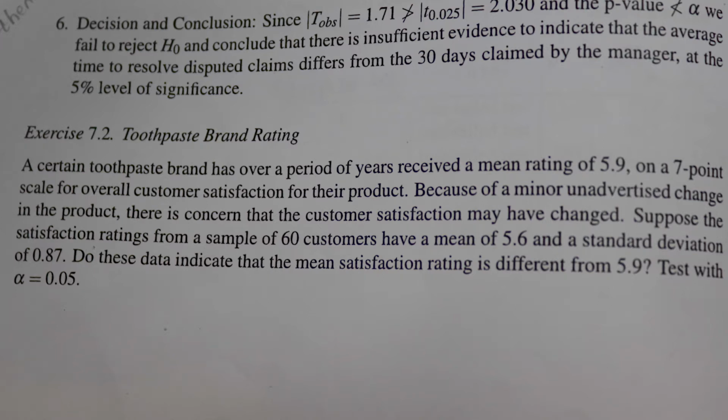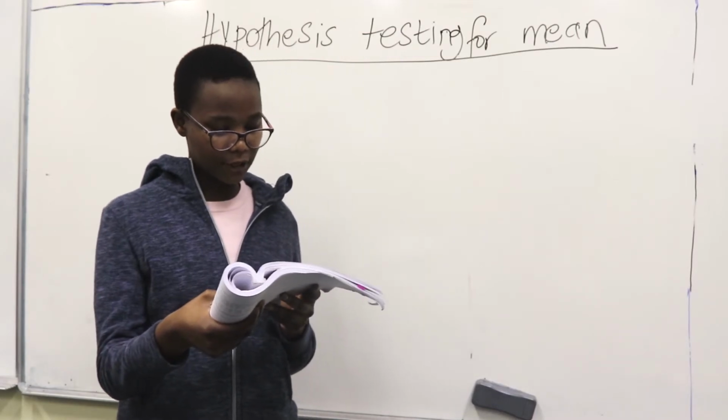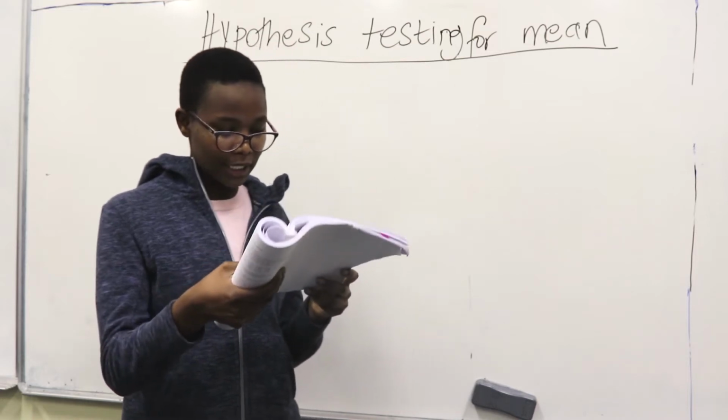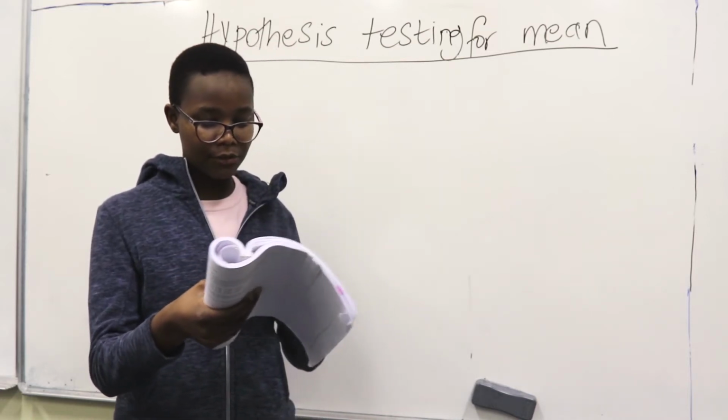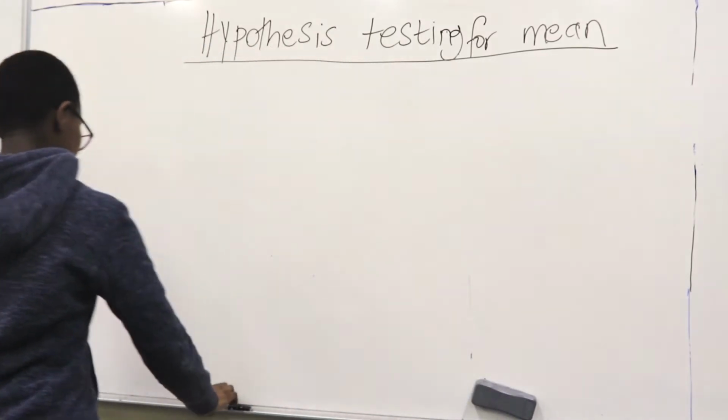0.87. So what we must note in this question is that there is a sample, which means you use X bar, and also the standard deviation is given from the sample, and the mean that is given at the beginning is from a population. So that's the emphasis.